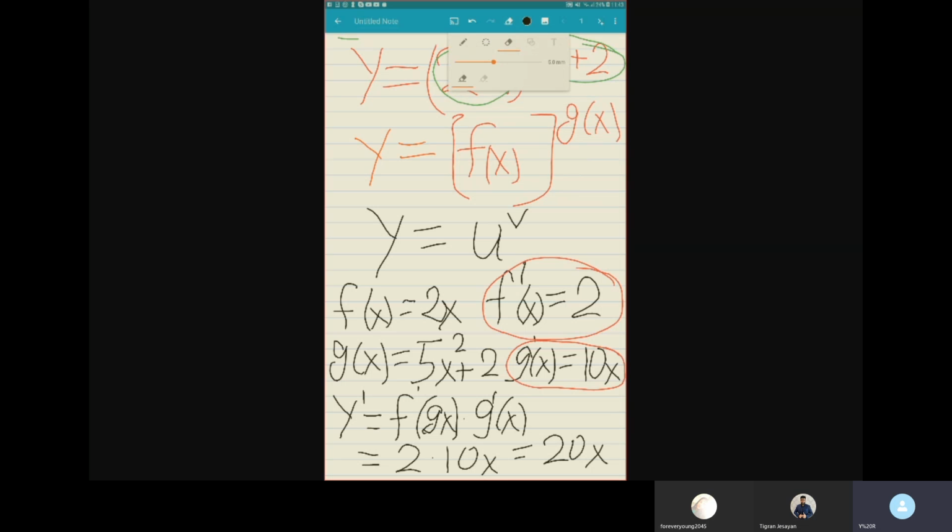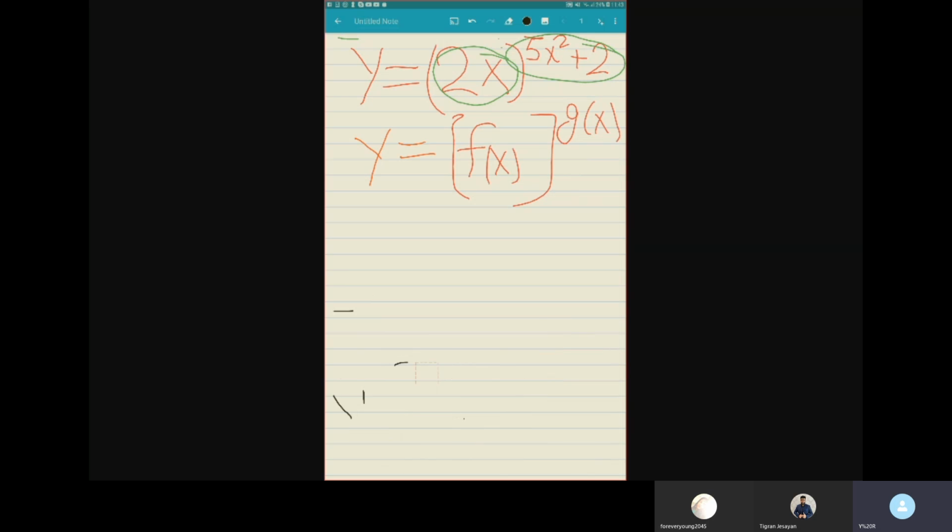No, it is easy, and I will show you again how you remember the chain rule, or where it comes from.